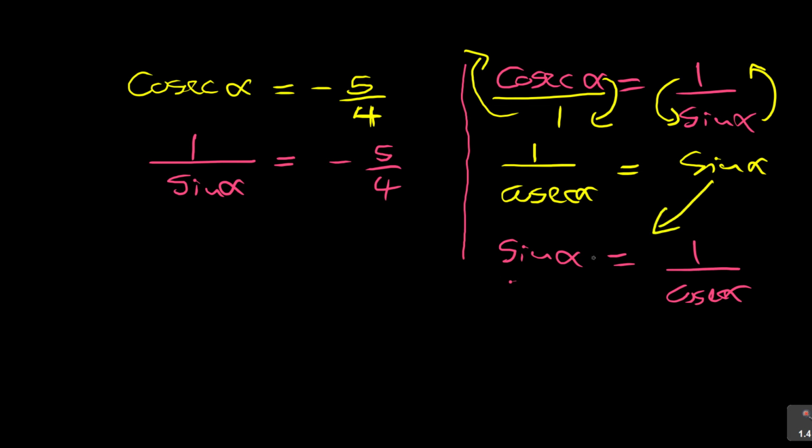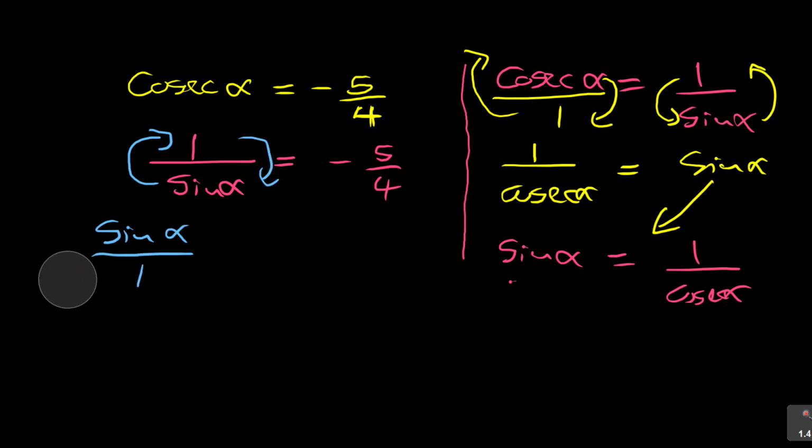You understand? Sine alpha is 1 over cosec. So in the same way, I can take this to the top. It will become sine alpha, then this comes down over 1, but we just ignore the 1 because it doesn't change anything. Then you can say equal to, that's when you flip the other side like that. The negative will remain as is, and then it will be equal to minus 4 over 5.